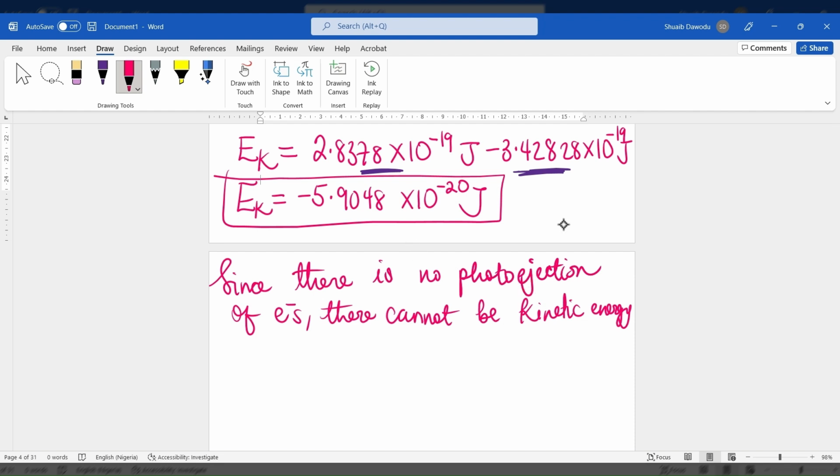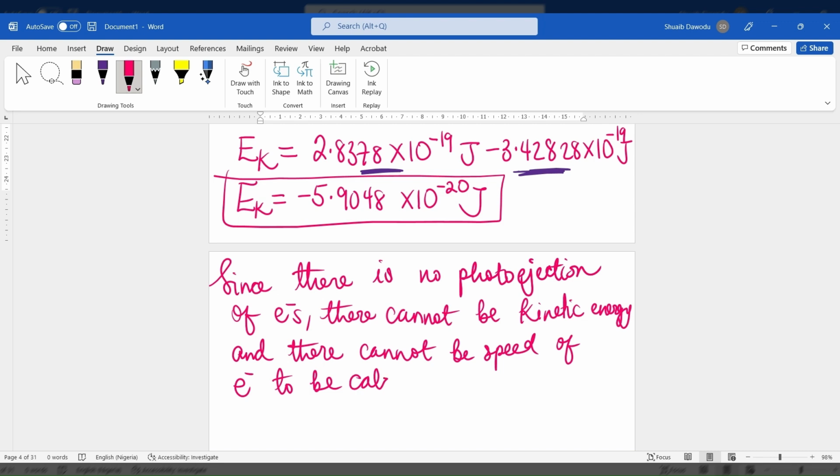There cannot be kinetic energy and there cannot be speed. What is the speed of something that doesn't move? Zero. There is no real speed. So the speed is basically zero. You cannot calculate the speed of something that doesn't move. There cannot be kinetic energy and there cannot be speed of electrons to be calculated. So that is basically the answer to this question.